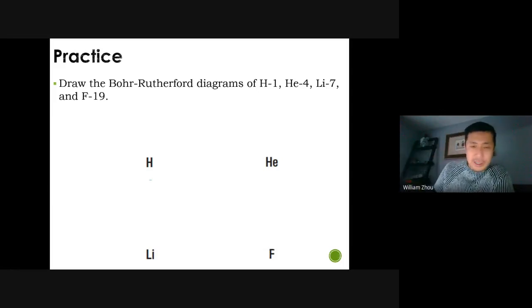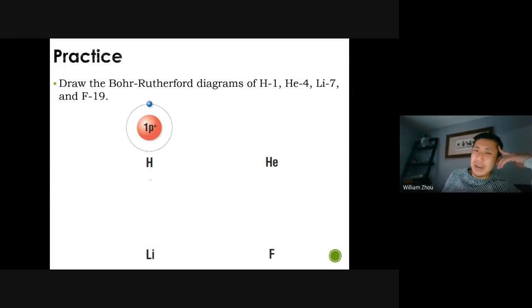That is the easiest one that you can get. It has 1 proton, it doesn't have any neutrons. Look, the mass is 1 proton. Okay, that's it. 1 electron, so 1 circle and a dot. It doesn't matter where you put the dot. Anywhere along that orbit is fine.